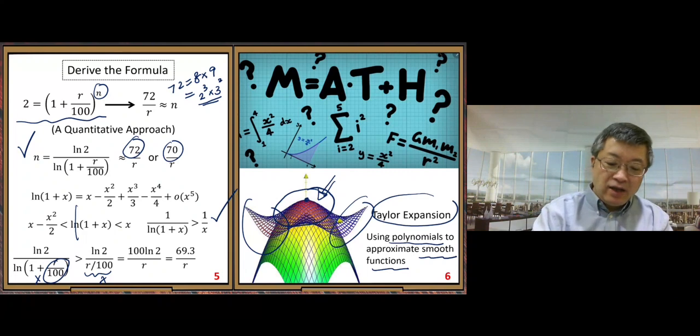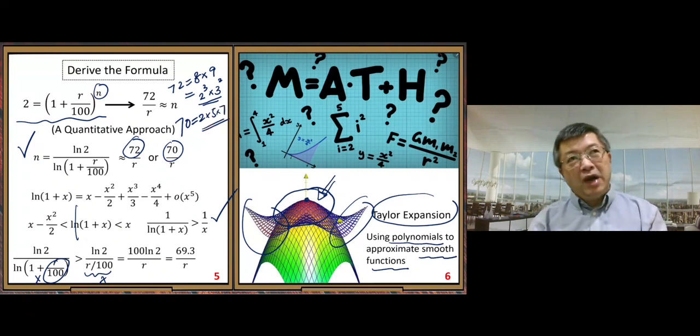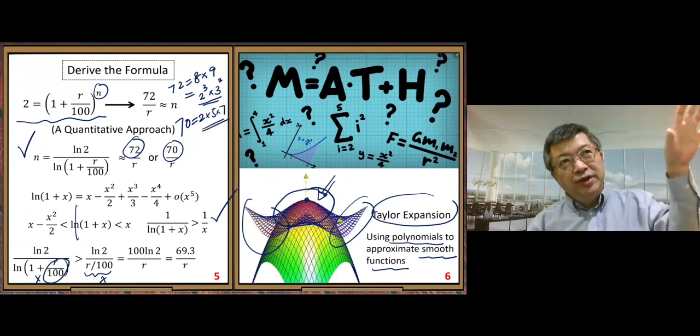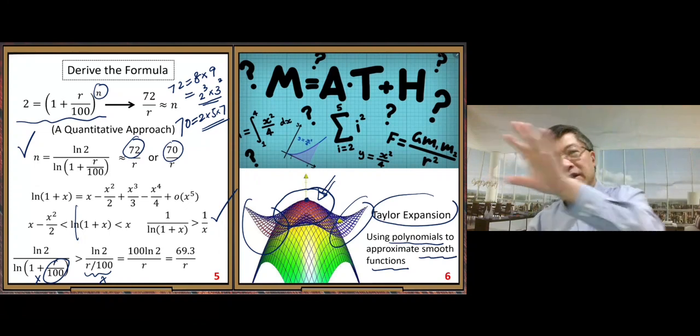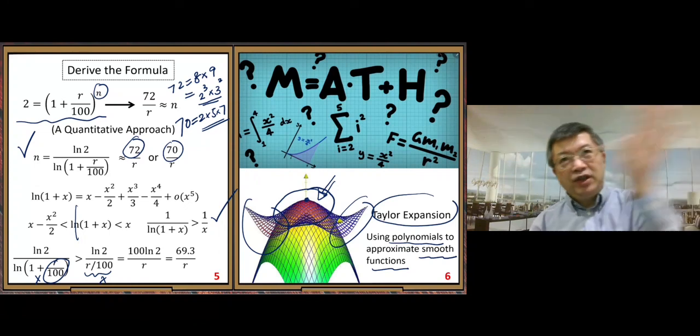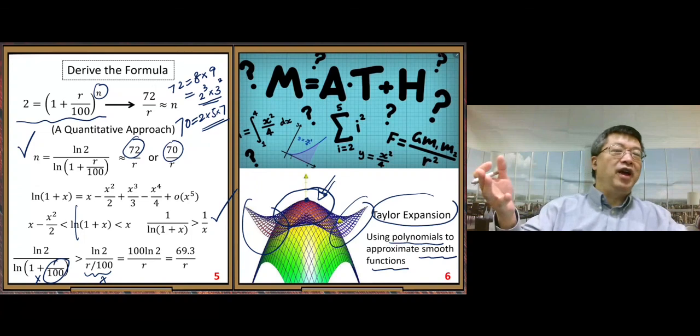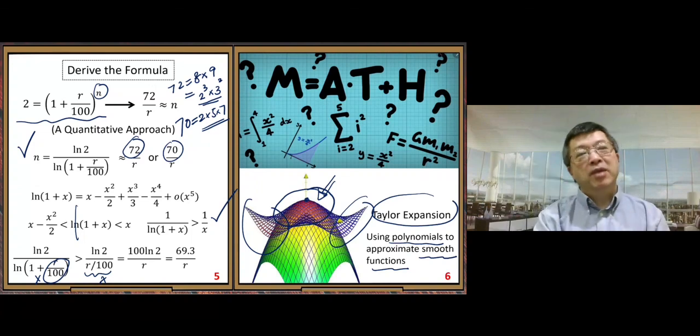Then let's look at 70. 70 equals 2 times 5 times 7. You have chances when r equals 2, 5, 7, 10, 14, 35. You also have many chances.